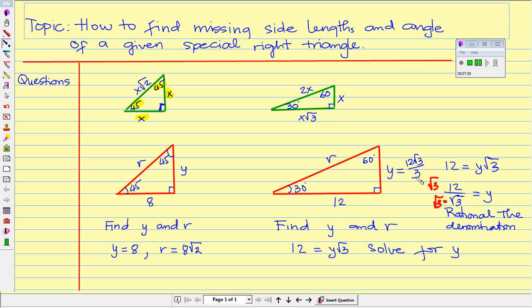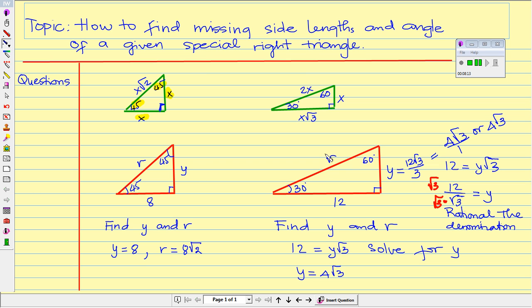Can we continue to simplify? 12 divided by 3 gives me 4, so I get 4 square root of 3 over 1, or just 4 square root of 3. So now we have y is 4 square root of 3.